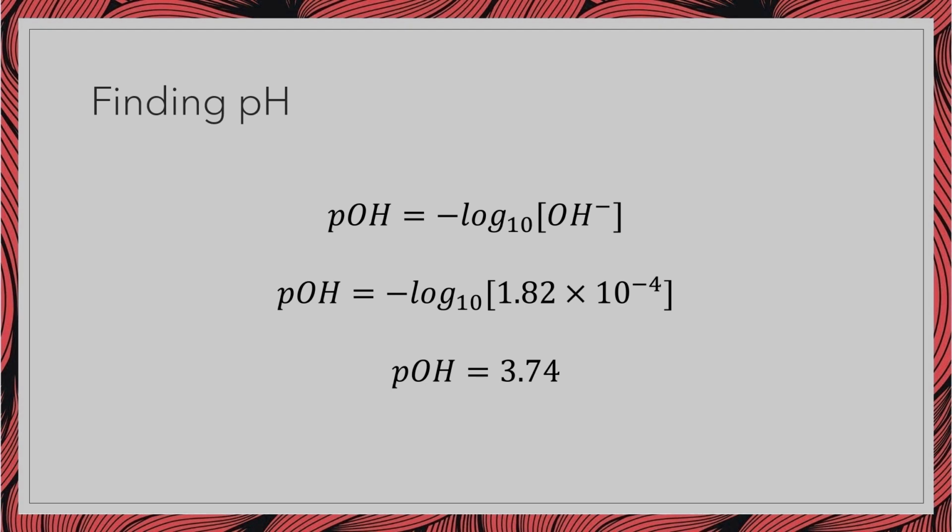Now, we want pH, so we're going to have to use 14 minus pOH to get our pH value. So we get 10.26. So if we put some sodium hypochlorite into water, it will actually make a basic solution, even though there's no OH in hypochlorite.